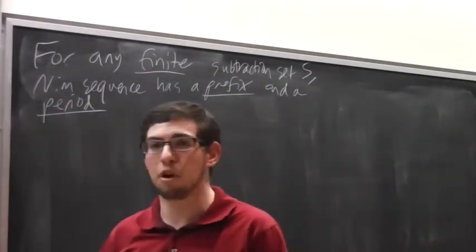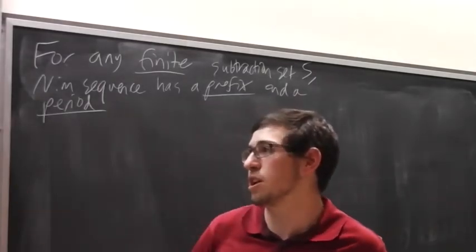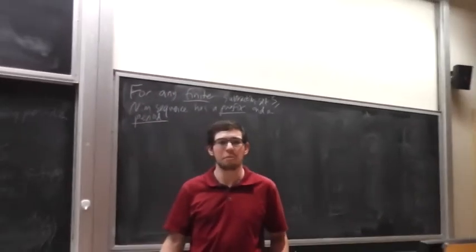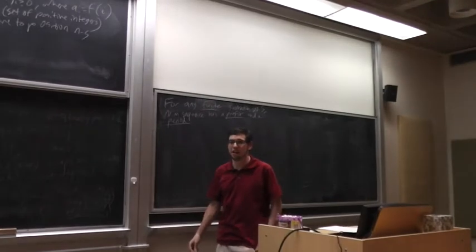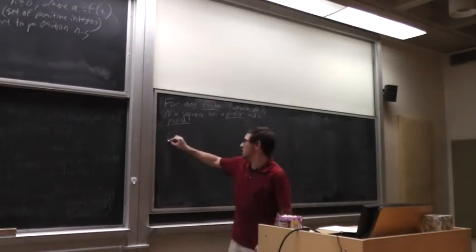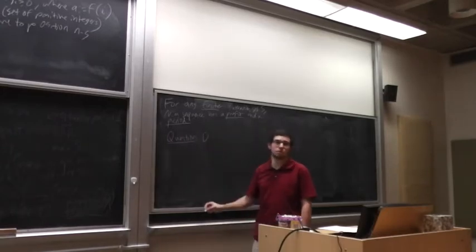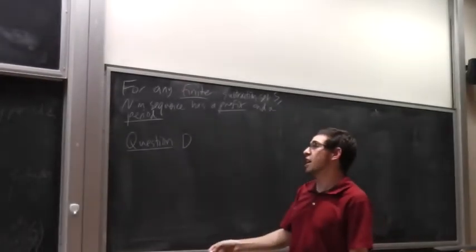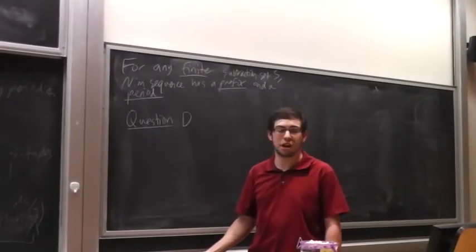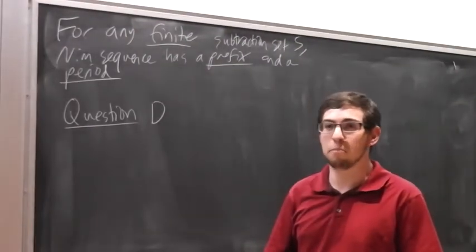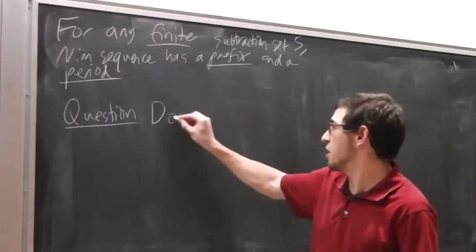But then there was the case of one pile nim where the subtraction set was infinite, but the sequence was unbounded. And unbounded things can't ever be periodic. This raises the question, does there exist a subtraction set, which will not be finite, such that the nim sequence for the subtraction game with that set is both bounded and aperiodic?